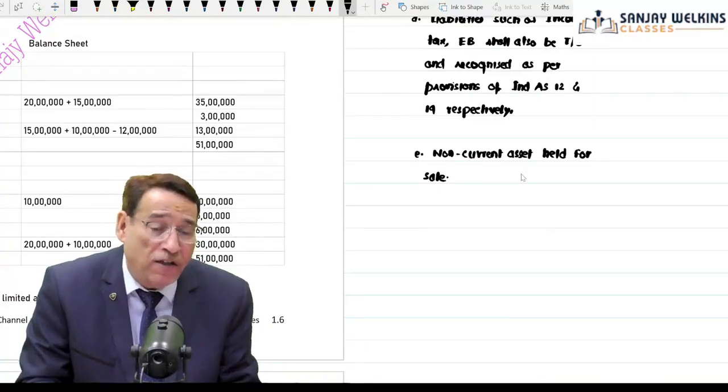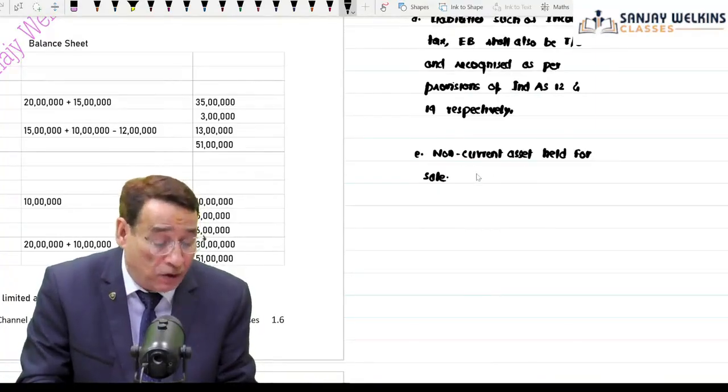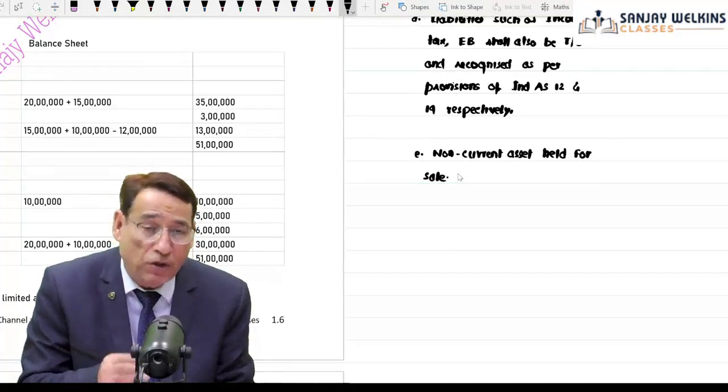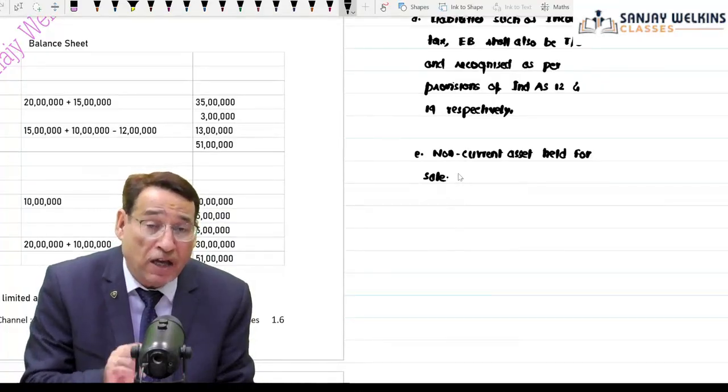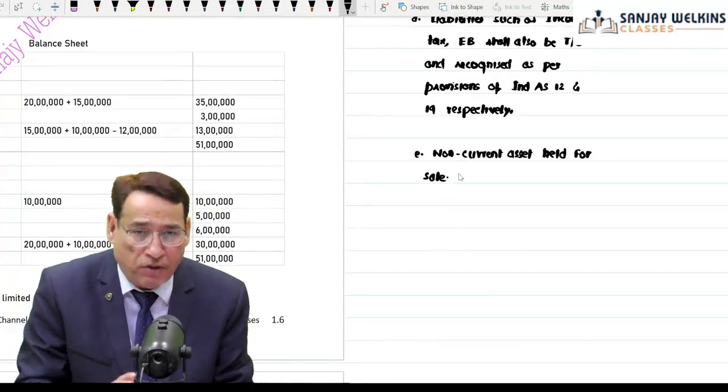So if the acquiring entity in the balance sheet has some non-current asset held for sale, even such items you are going to take over, you are going to recognize, but you are not going to recognize them at fair value. You are going to recognize them at fair value less cost of sale.